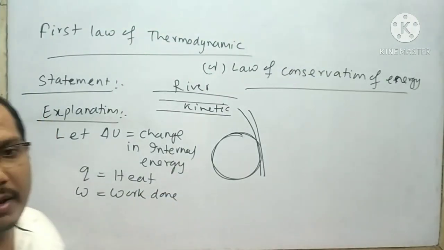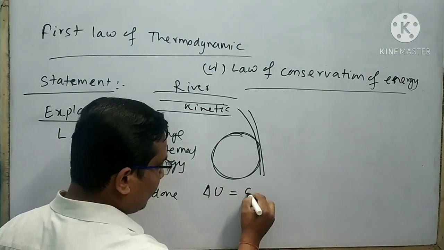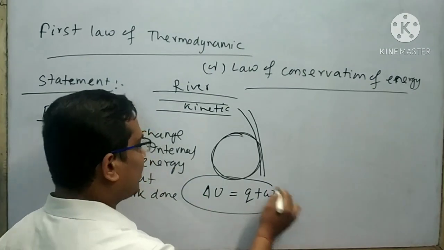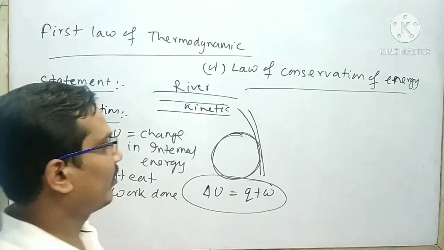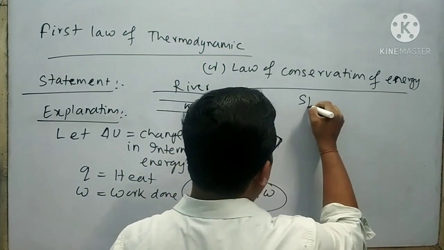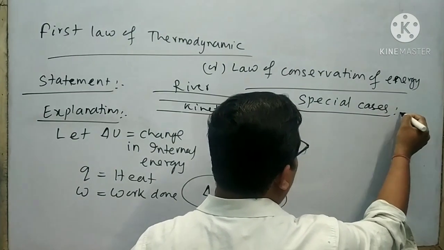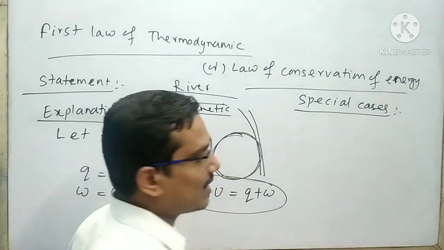Then according to the first law of thermodynamics, del U equals Q plus W. This is the mathematical expression for the first law of thermodynamics. There are many special cases for the first law of thermodynamics. Remember some important signs.